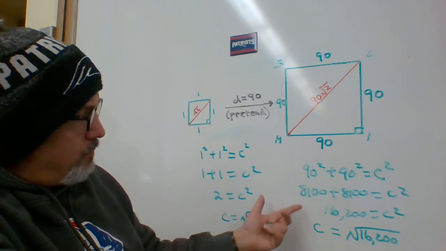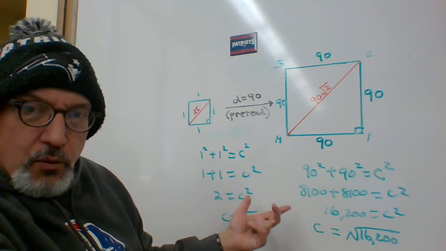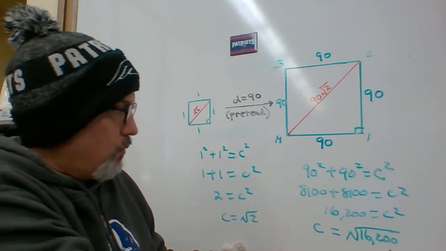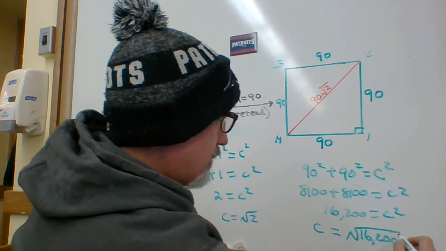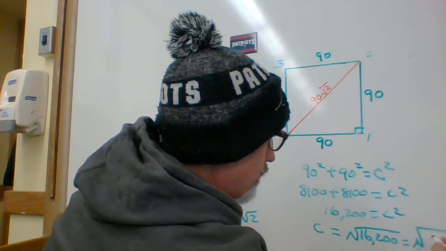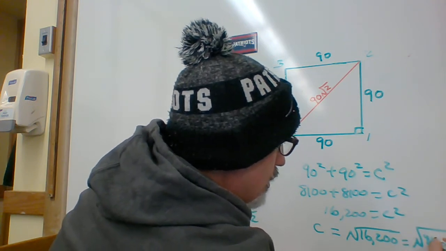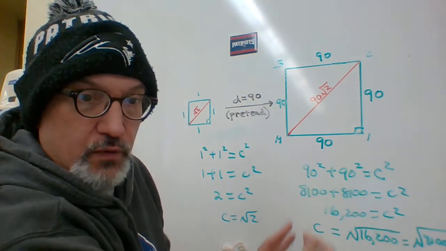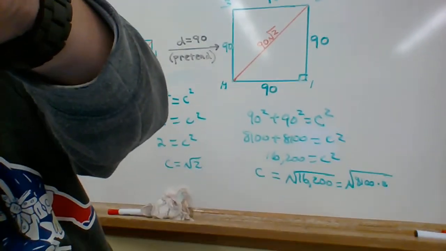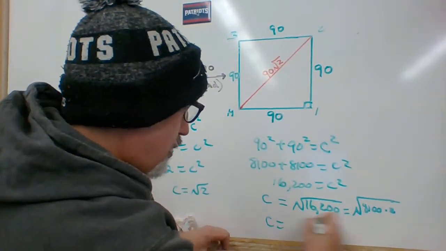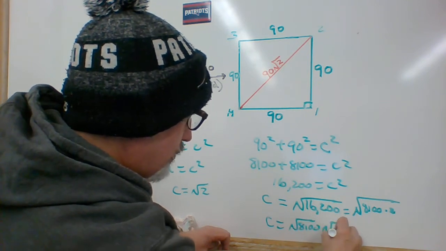But if you remember that back here when we squared 90, we got 8100. 8100 is a perfect square. So if we think of the square root of 16,200 as the square root of 8100 times 2, we can then take the square root of the product and write it as the product of square roots, so that we get C equals the square root of 8100 times the square root of 2.